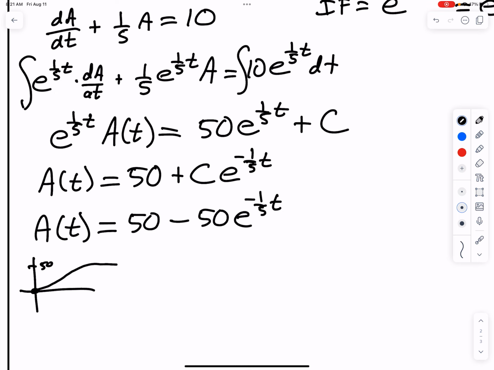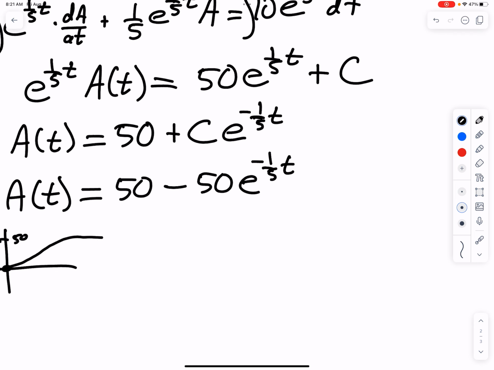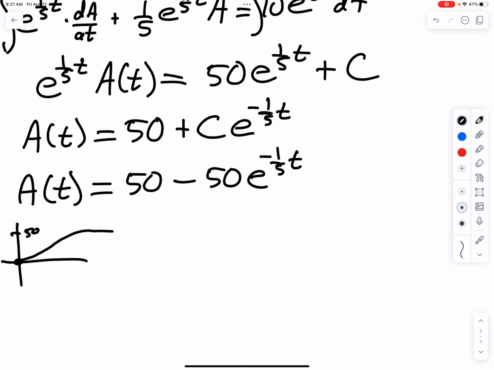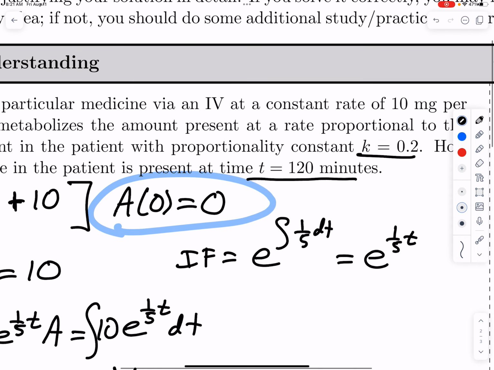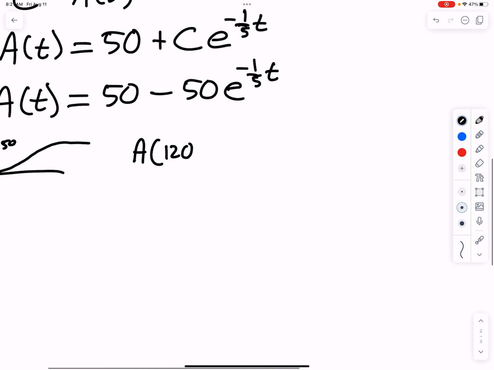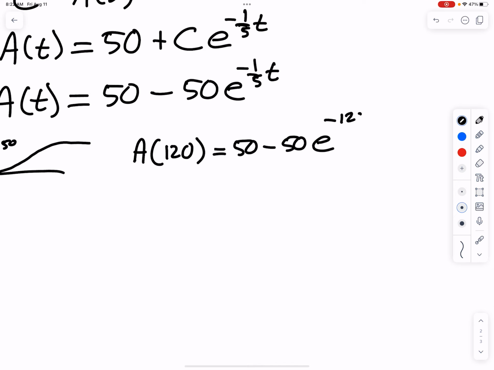And they want to know after 120 minutes how many milligrams of medicine is in the body, and that's A of 120. So that's the original question up here. It just says at t equals 120, how many milligrams are present? So that's A of 120. I would just get 50 minus 50 e to the negative 120 over 5.